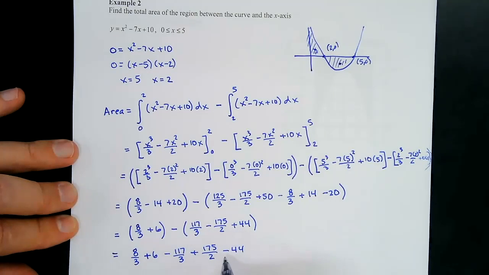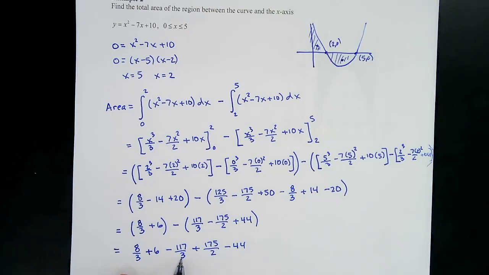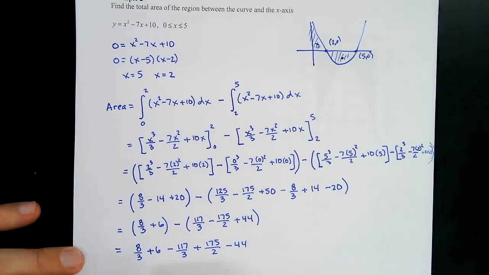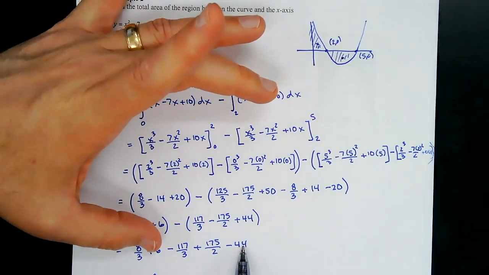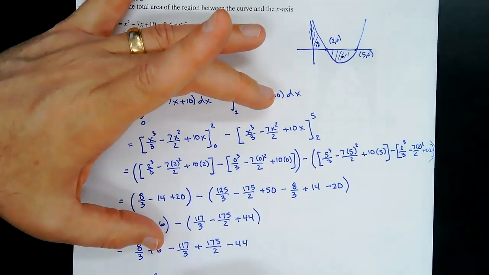So I'm just double checking I didn't make a mistake. So these two you could combine, and this makes negative 109/3. These two can combine and make negative 38. So minus 38.